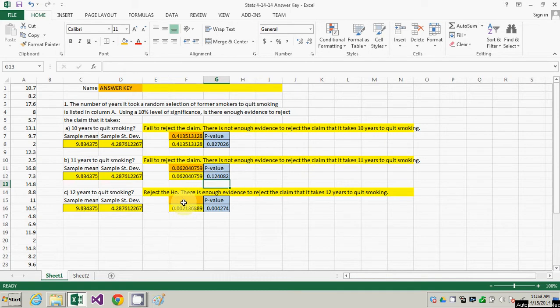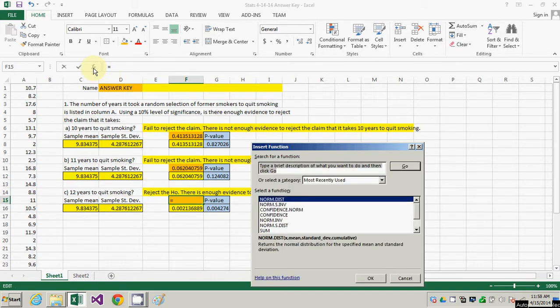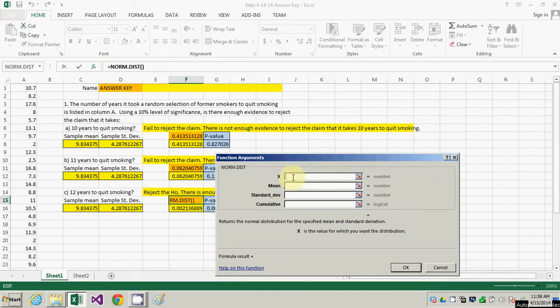But on part C of the problem, again, we have the same sample mean and the same sample standard deviation. Once again, using norm.dist. The only difference now is the value that goes in for the mean, okay, we still have the same x bar.